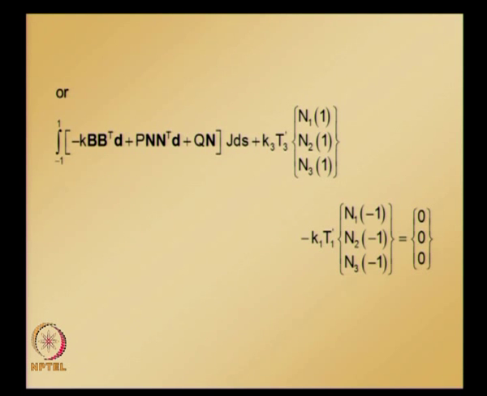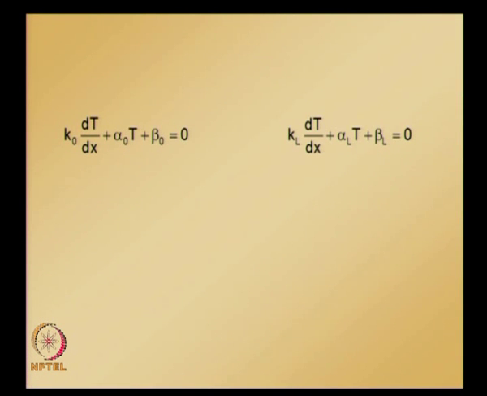And from the natural boundary conditions that are given, we can further write k3 times T3 prime and k1 times T1 prime in terms of alphas and betas, and these are the natural boundary conditions that are given, and the element is chosen in such a way that the lower limit is x1 and upper limit is x3.